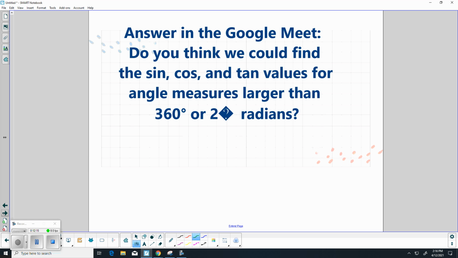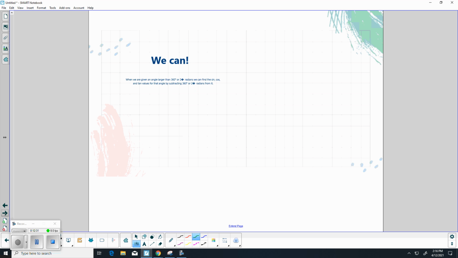So a question that I asked in class was if we would be able to find the sine, cosine, tan values for angle measures larger than 360 or 2 pi radians. The answer to that question is yes. And we can do that by simply, if we had 3 pi, we'd subtract 2 pi from it.